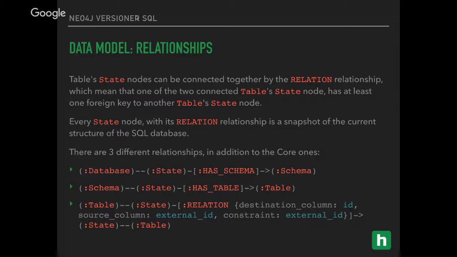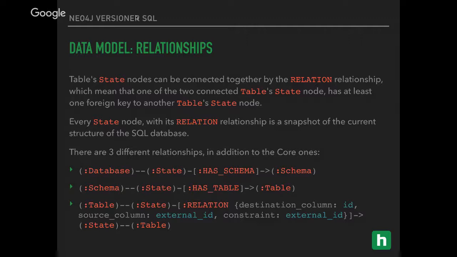Okay, here there are 3 examples of structure. There's a database having its state connected with a relation called has schema to a schema. The schema itself has its own state, which is connected with the relationship has table to a table, and the table itself is connected to other tables by a relation.